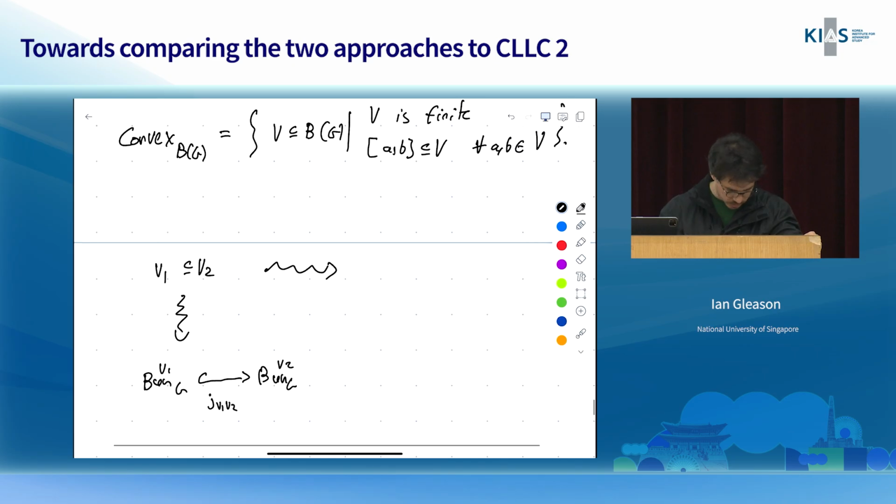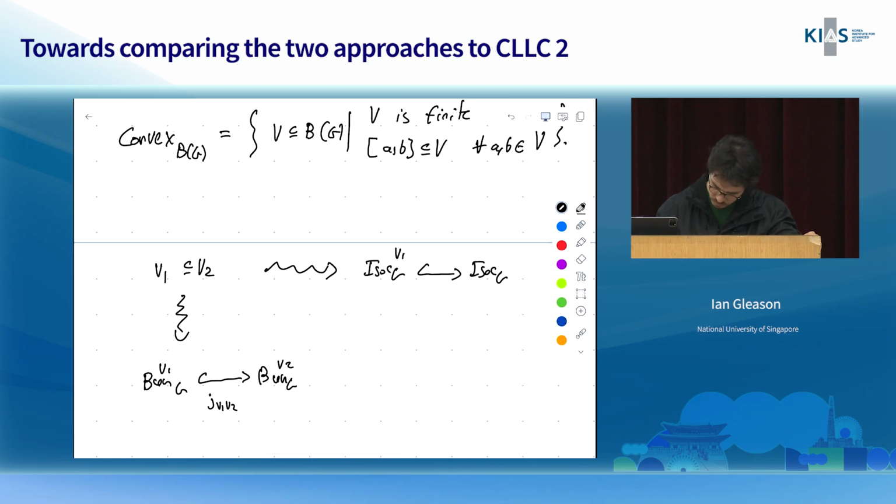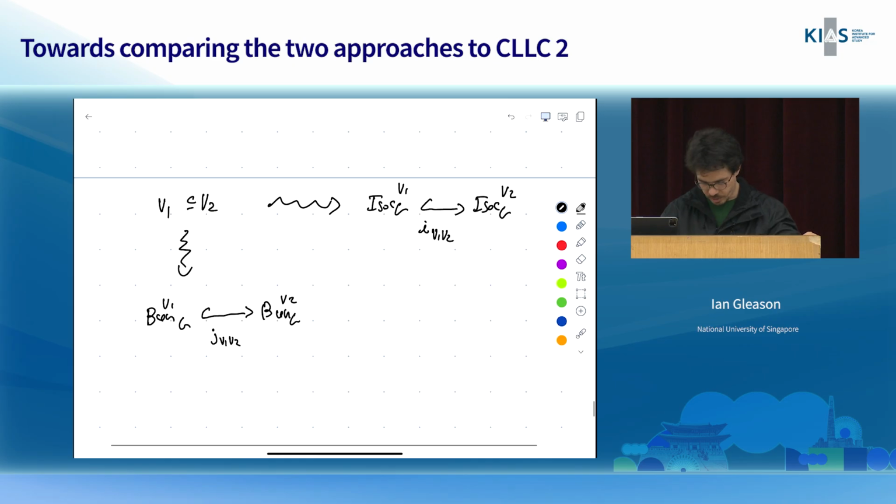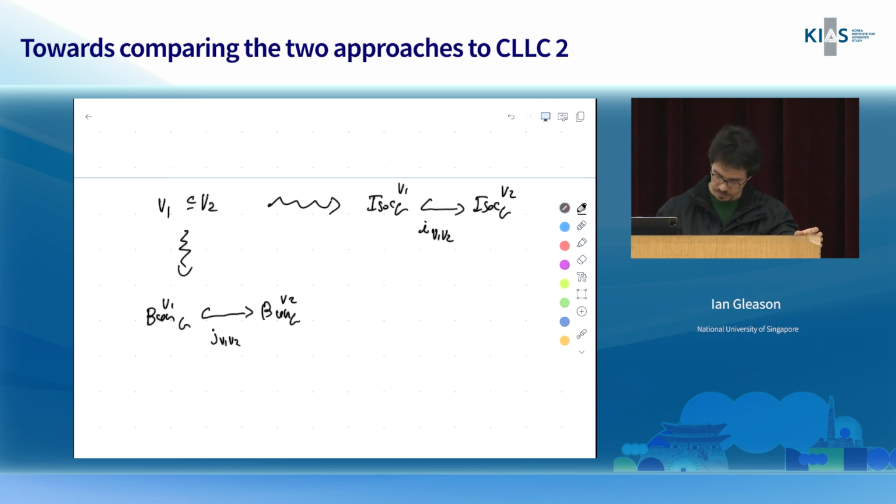But you also get a similar one on the Isoc side, B1 inside of B2, and this one I want to call I_{B1,B2}. The reversal of topologies tells you that whenever the map on the left is a closed immersion, then this one is an open immersion, and vice versa.